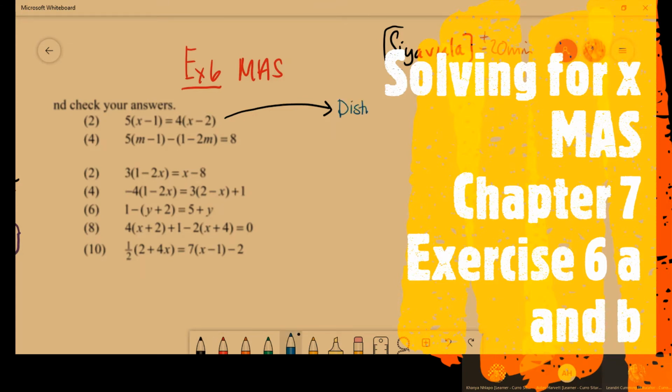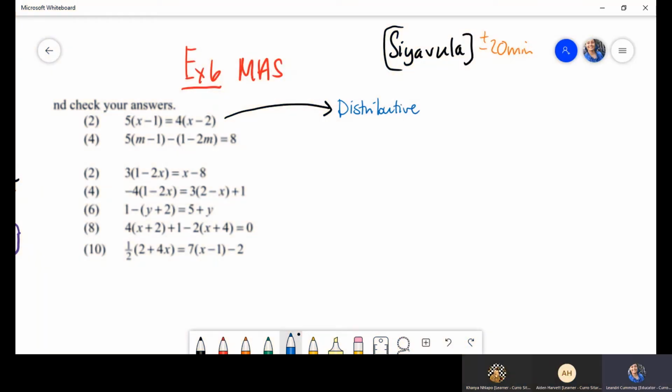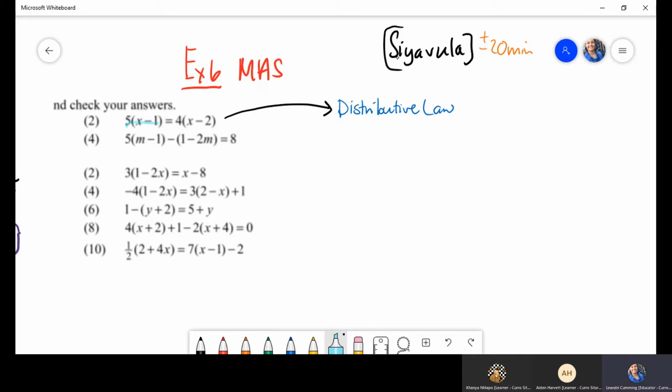It's still within equations, but the distributive law is something that we will have to apply the minute we see a value, a bracket, that indicates product, okay? We have to do product first.